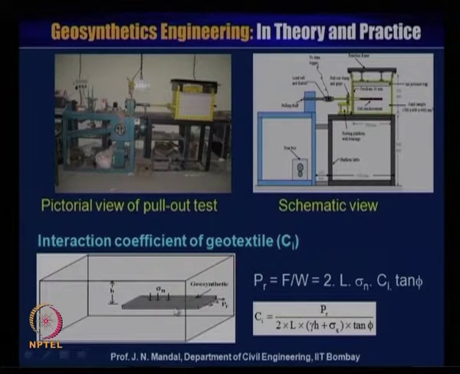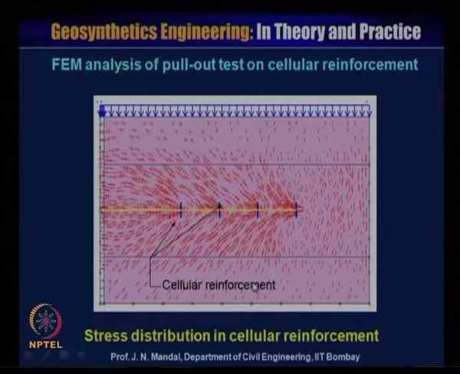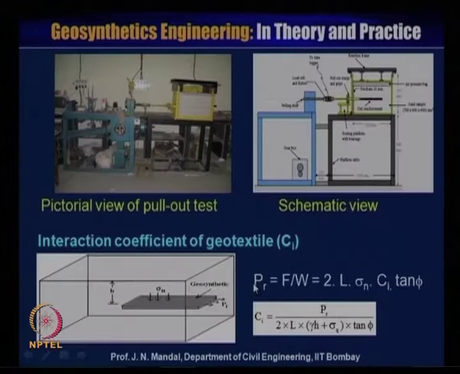So you have to calculate what will be the PR, the pull out force. If that pull out force is F, and if you know the width of the sample, you can calculate what will be the PR.